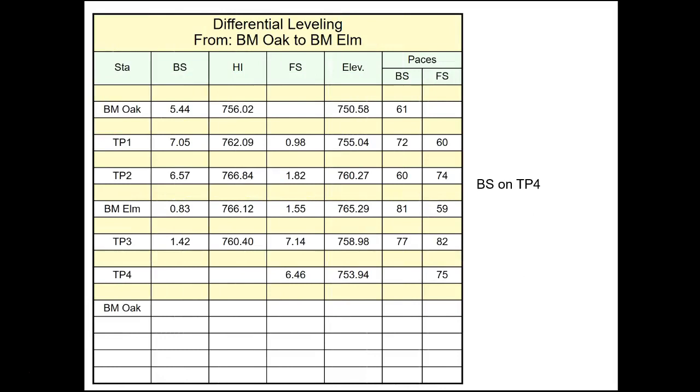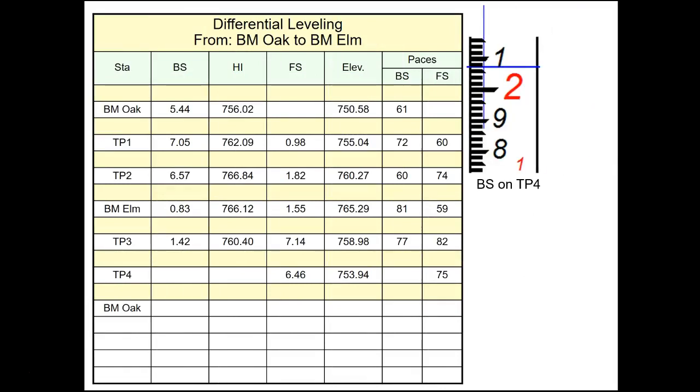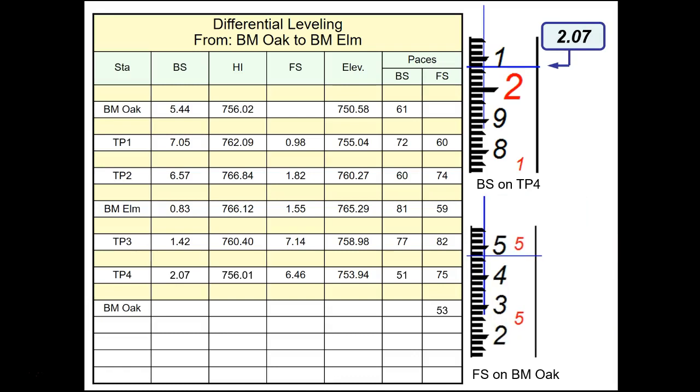Now we're taking a back sight on turning point 4, 2.07. Calculate our instrument height, pace, and now we're back to our oak tree, and we're going to take a foresight then on that oak tree, and we are at 5.47. Calculate our elevation of our oak tree.